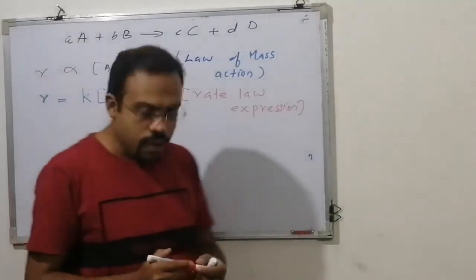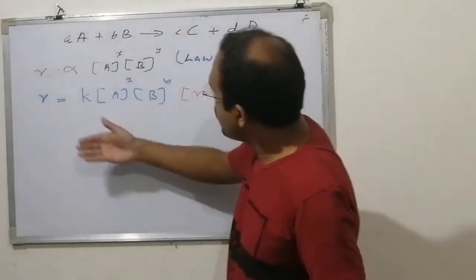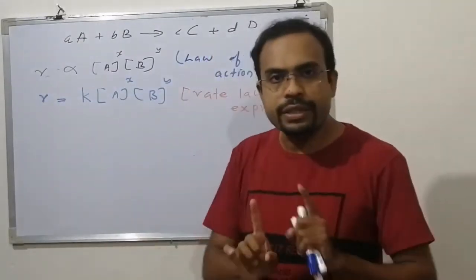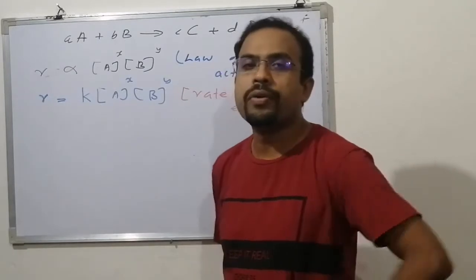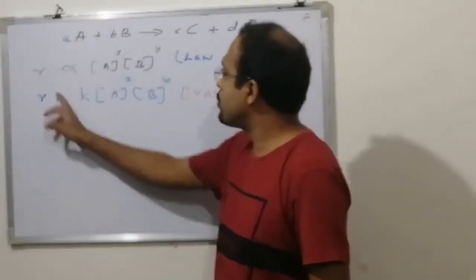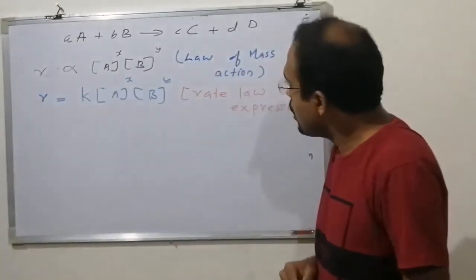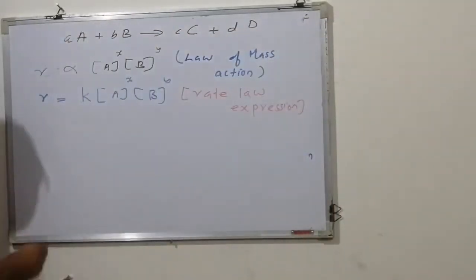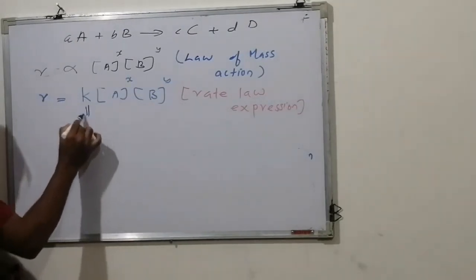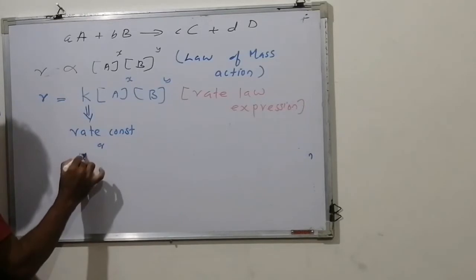If someone asks you, what is a rate law expression of a reaction? That reaction should be expressed like this, where R is called the rate of the reaction. In the previous video, we have a detailed explanation of how to express rate of a reaction. That can be applied here. Now, what is R? R is the rate of reaction. What is K? Tell me. K is called the rate constant or velocity constant.